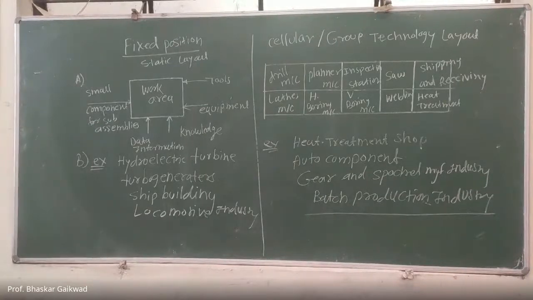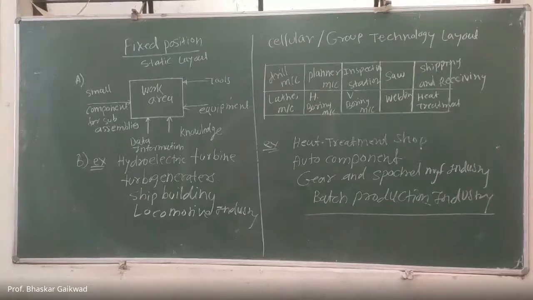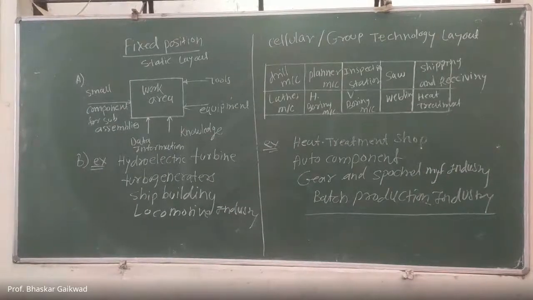Then cellular layout means similar types of machines we can group together. All types of drilling machines can be put in one place. All types of lathe machines in one place. All types of planers and shapers in one place, all types of horizontal boring machines in one place, all types of vertical boring machines in one place.